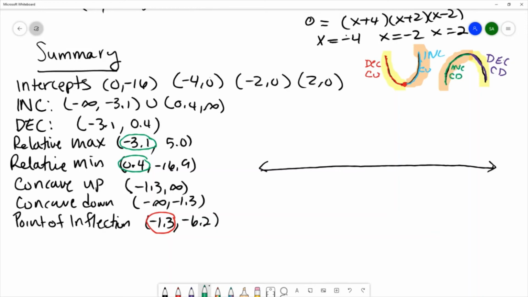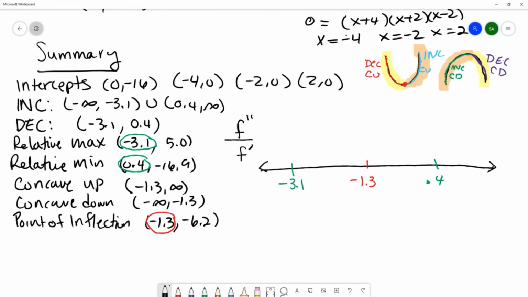That's negative 3.1, and 0.4, and negative 1.3. And on this chart, what I want to do is write down what happened with the first derivative and also what happened with the second derivative.